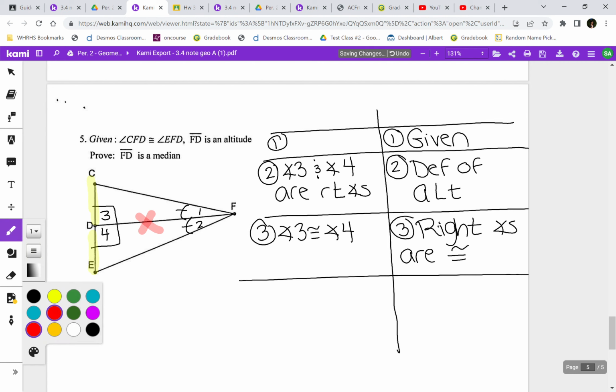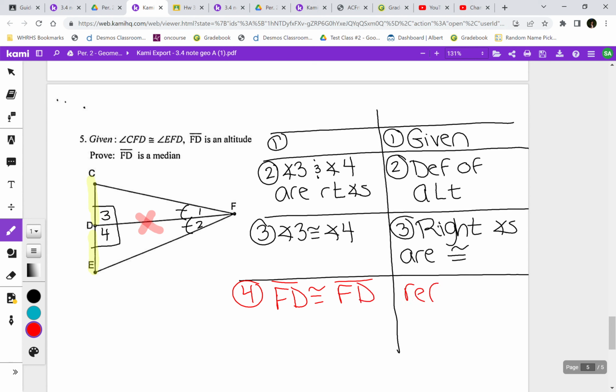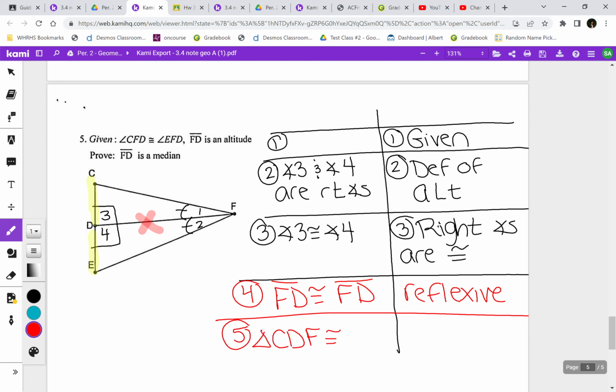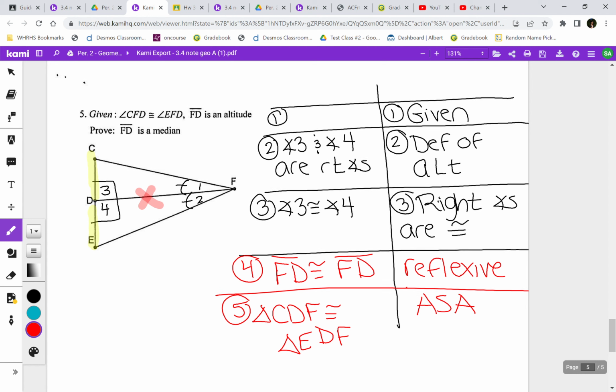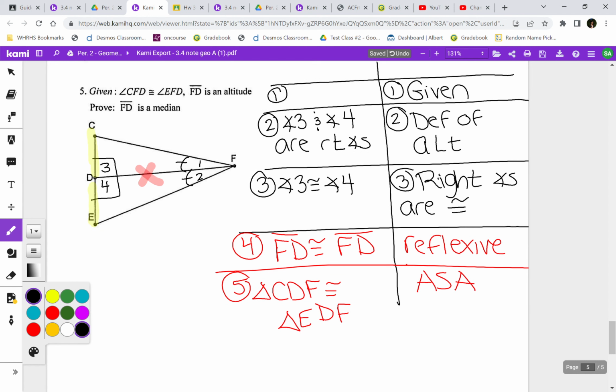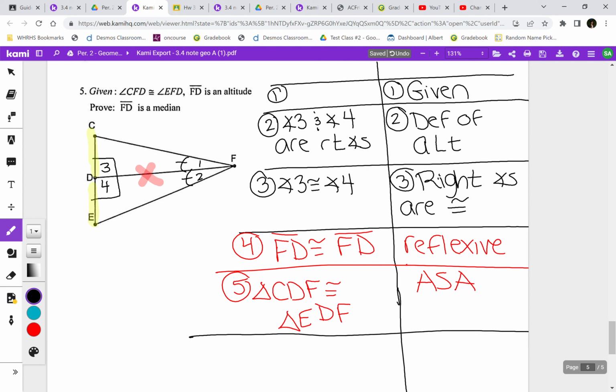You got it. FD congruent to FD, reflexive. Then I could go on and say triangle CDF is congruent to triangle EDF, angle, side, angle, ASA. What's my next step?